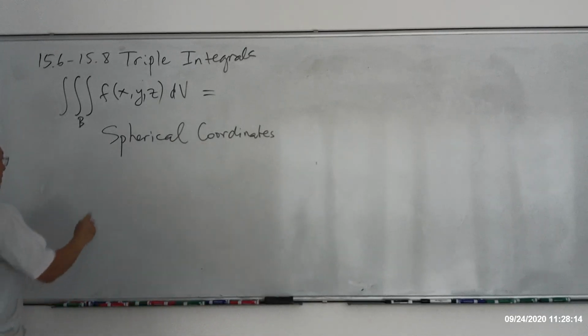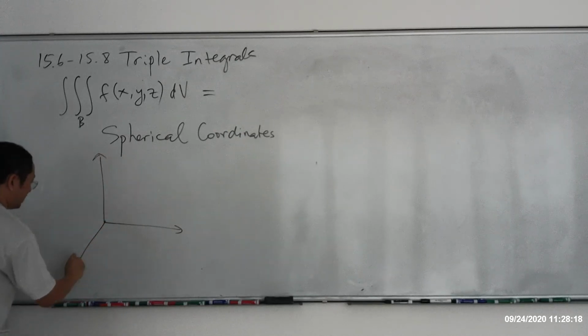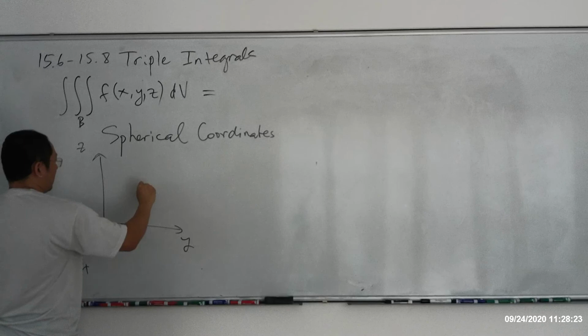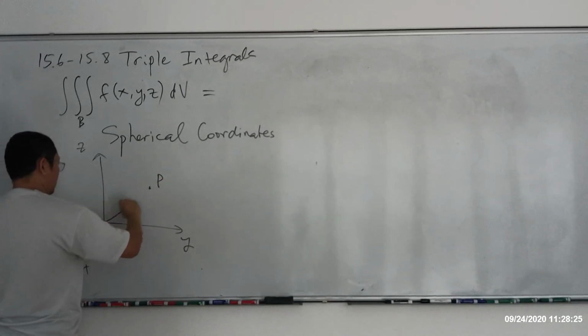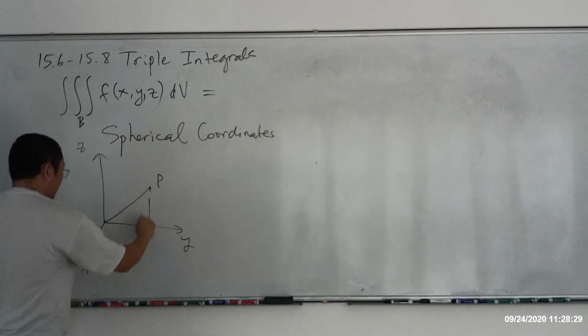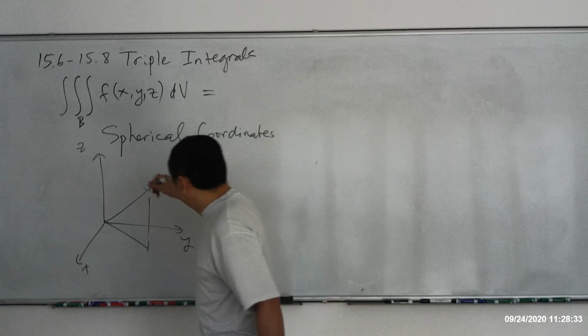Again, if you have a point P at x, y, z, how do you represent the point P? You're going to use three things.